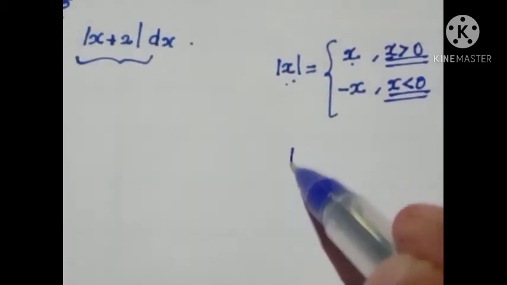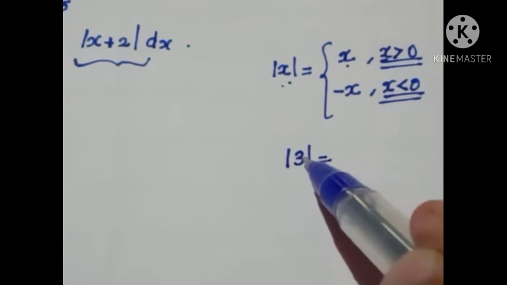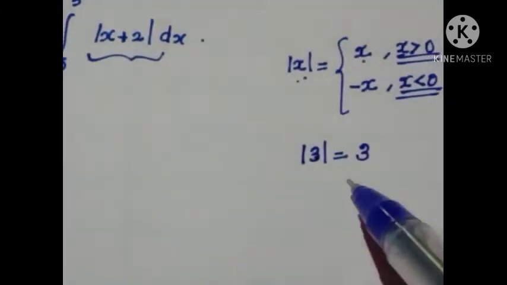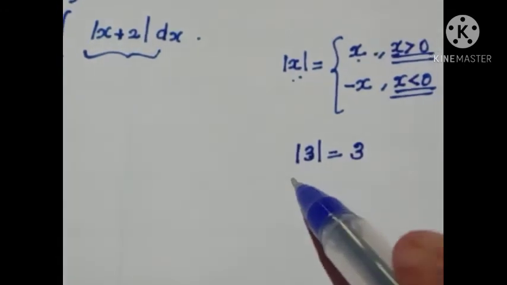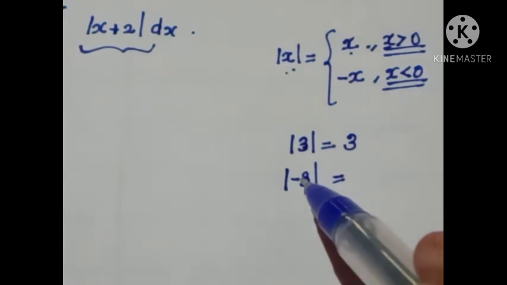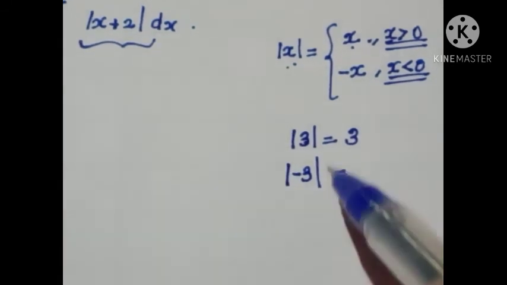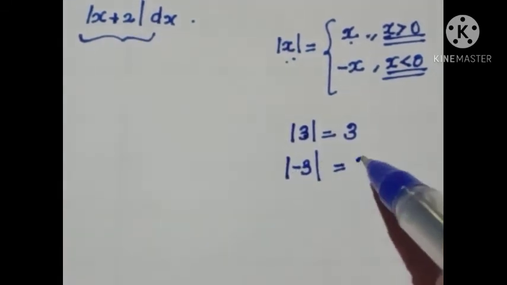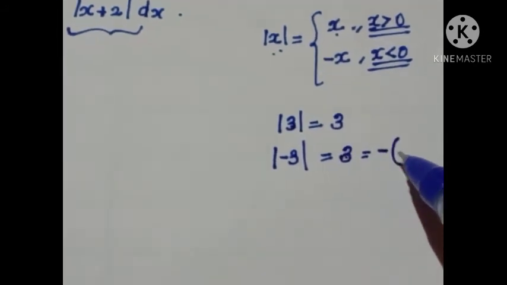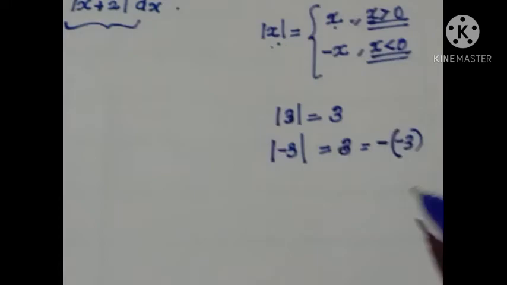For example, mod 3: 3 is a positive number, therefore mod 3 is equal to 3. At the same time, modulus of minus 3: minus 3 is a negative number and we know that modulus of minus 3 is 3. And this 3 can be written as minus of minus 3.